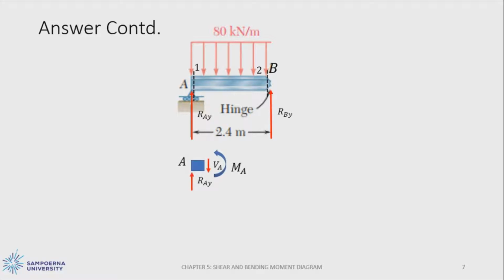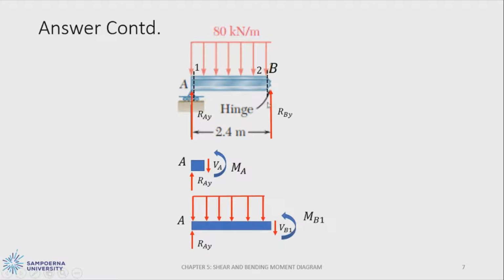The first one is right just after point A, and the second one is just before the point B, or we can call them as VB1. After we done create the partition at first section of the beam, we go to the next section of the beam.